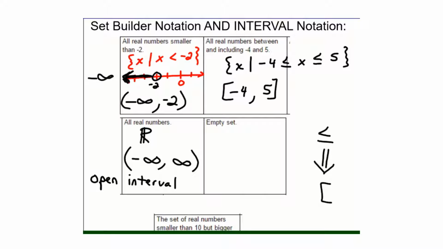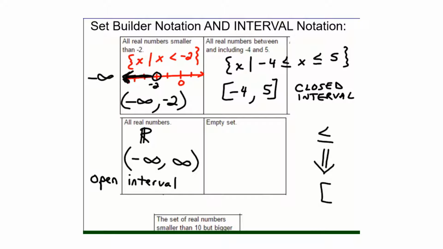Hopefully you're sitting there thinking, okay, well, if that's an open interval, then what do we call it with the brackets on both sides? If parentheses on both sides is open, what would you guess would be a good way to describe something with brackets on both sides? Closed. This would be a closed interval. What do you think would be the case if we had one of each?